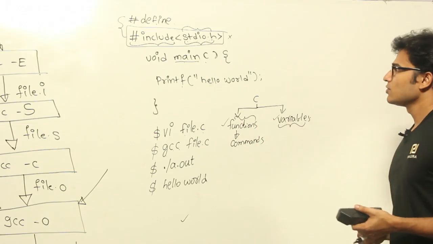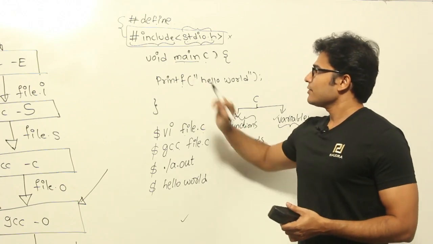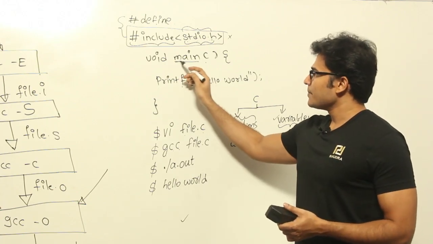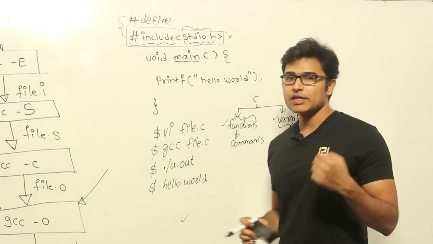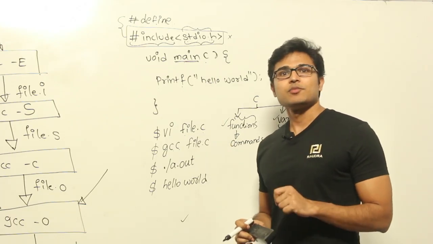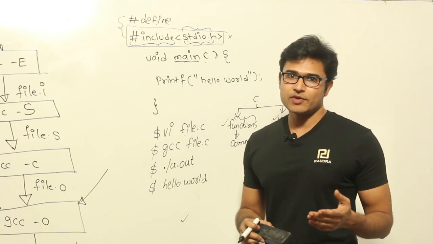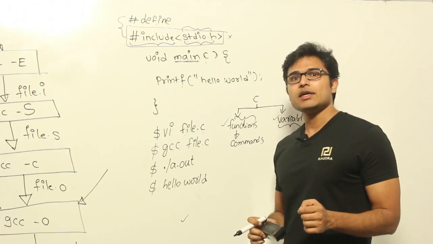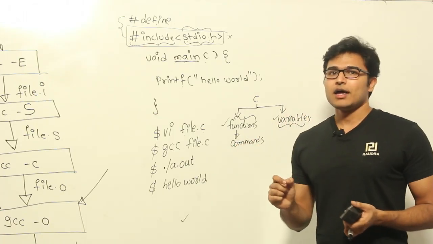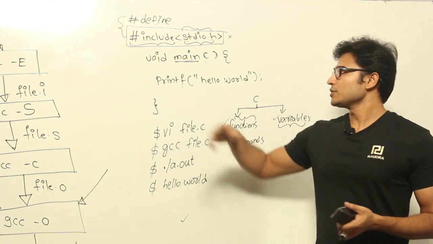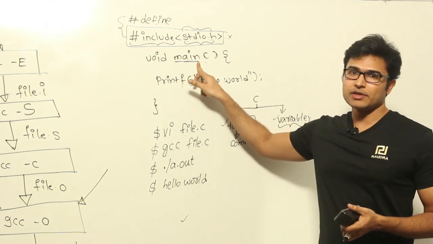Got it? So here in this case, this main is a special name. In general, in a C program, you can use any name for a function, but there is only one exception. If you have to run a program, you are supposed to include this main function in it.